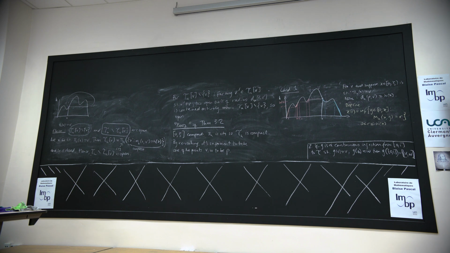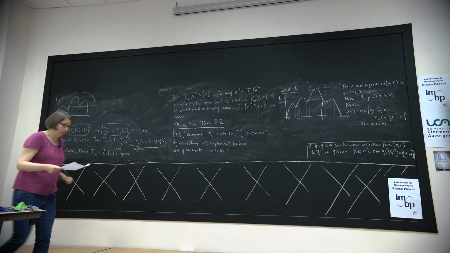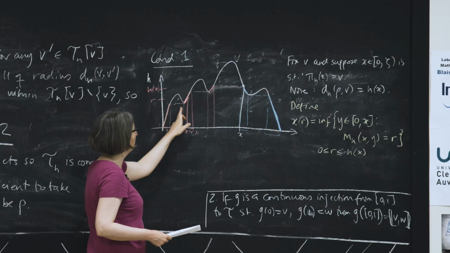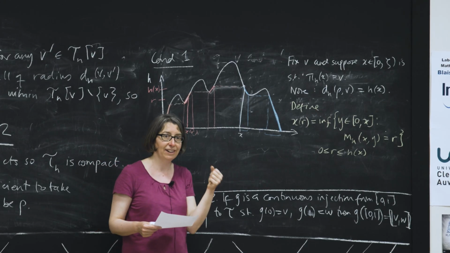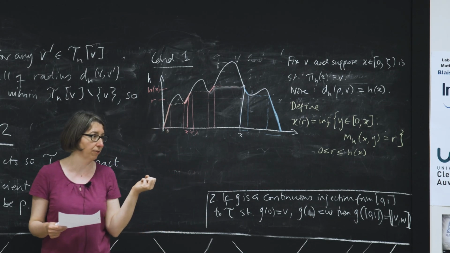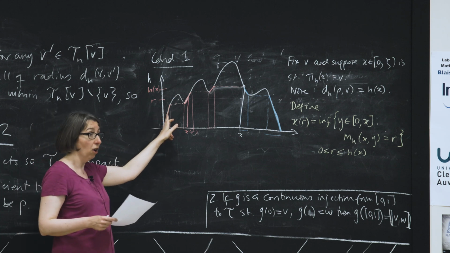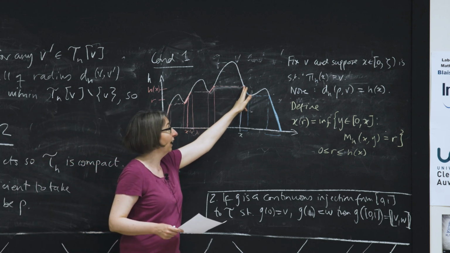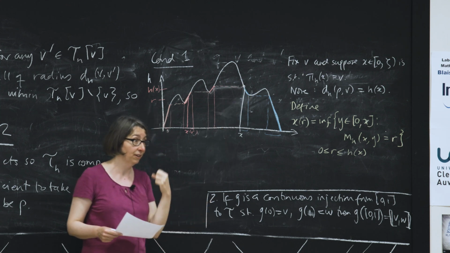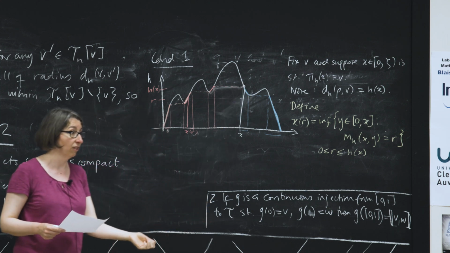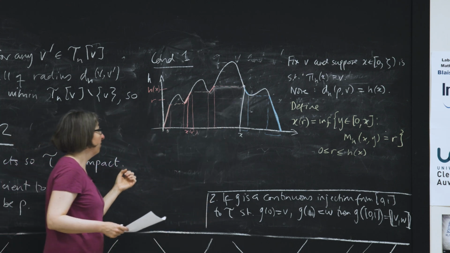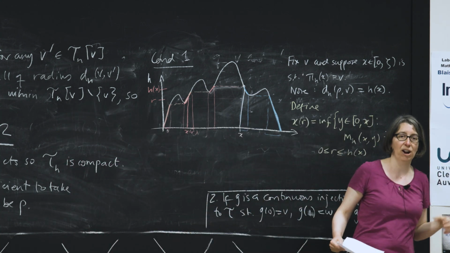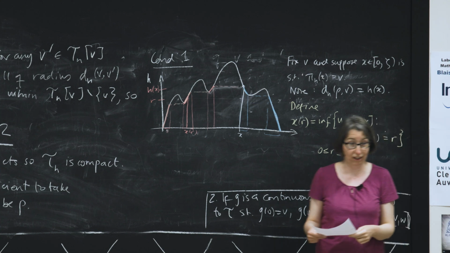So my claim is, firstly, all of these points are definitely in the set of ancestors of the vertex V, because they are the minimum of the function between this point and the vertex I was interested in, which is the projection of x. And my claim is that, in fact, this thing here can't contain anything outside that set of ancestors.